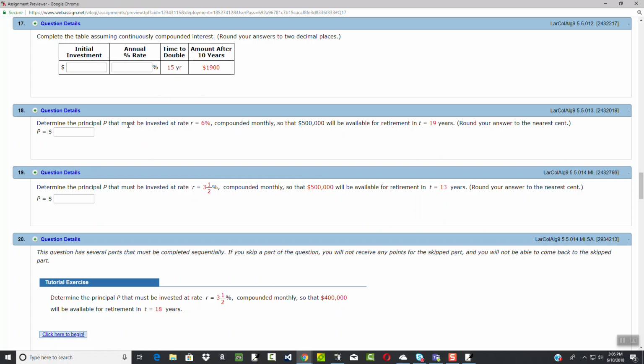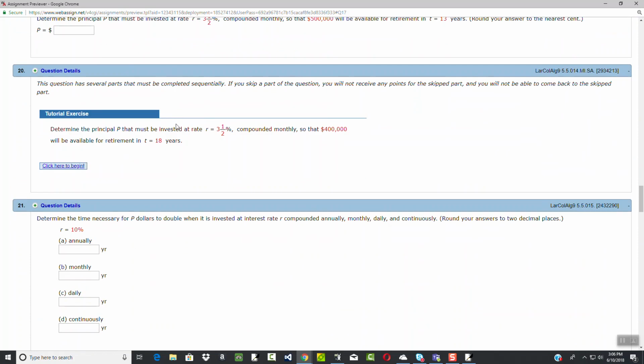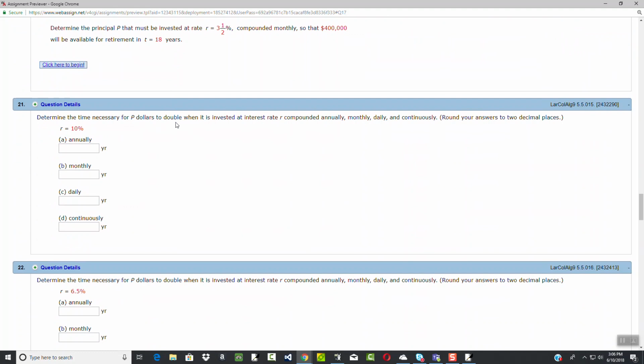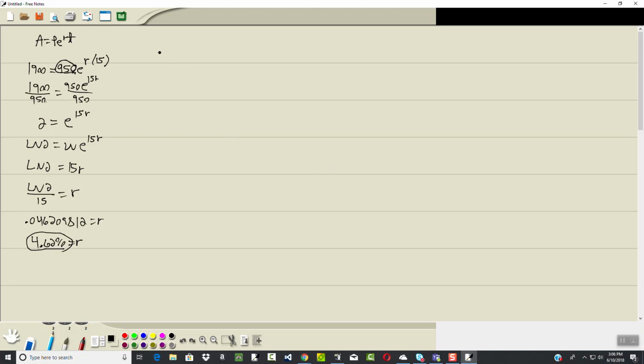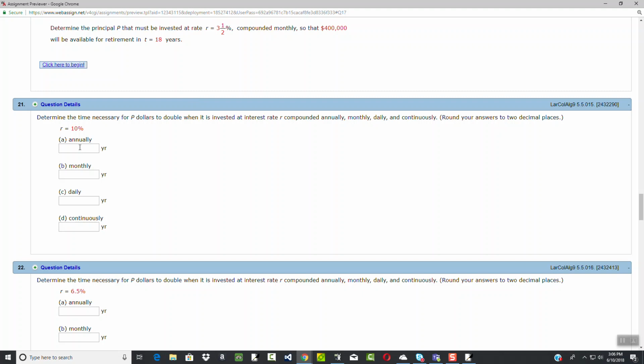Okay, so next one was 21. It says determine the time necessary for P dollars to double when it's invested at an interest rate r compounded annually, monthly, daily, and continuously. Now it's really easiest on this if we go ahead and solve it. It says determine time necessary, so we want to find out what t is.